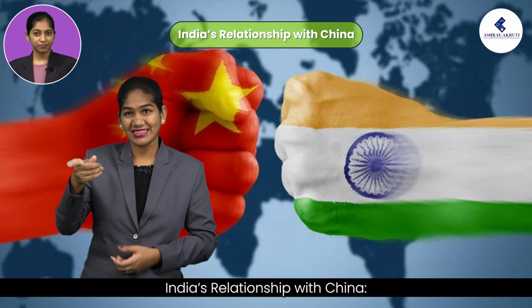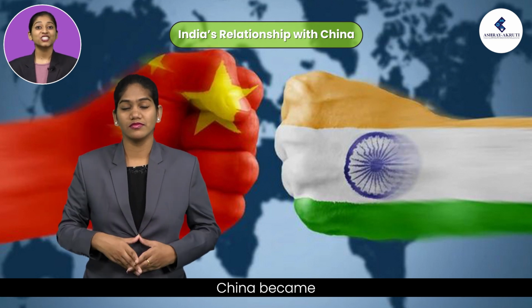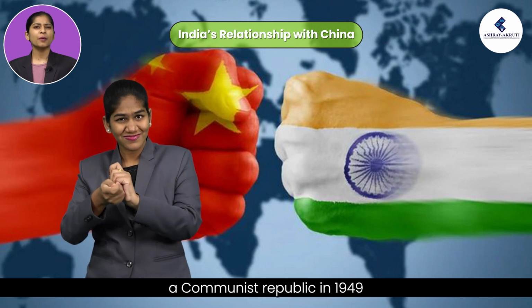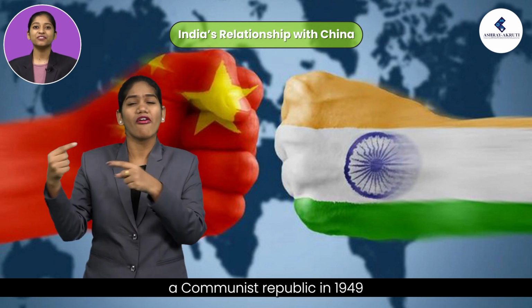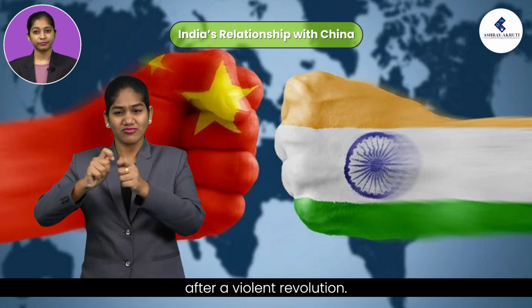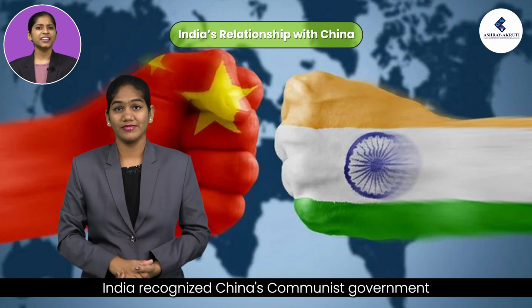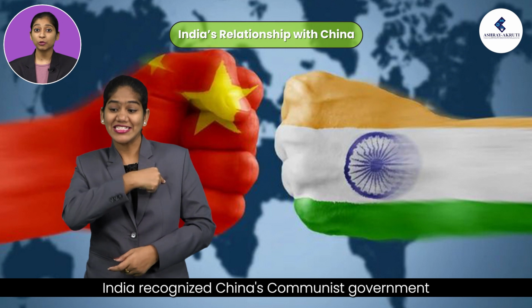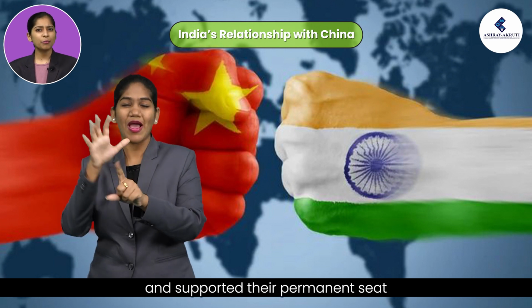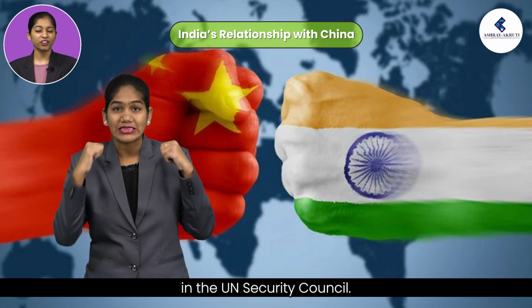India's relationship with China. China became a communist republic in 1949 after a violent revolution. India recognized China's communist government and supported their permanent seat in the UN Security Council.